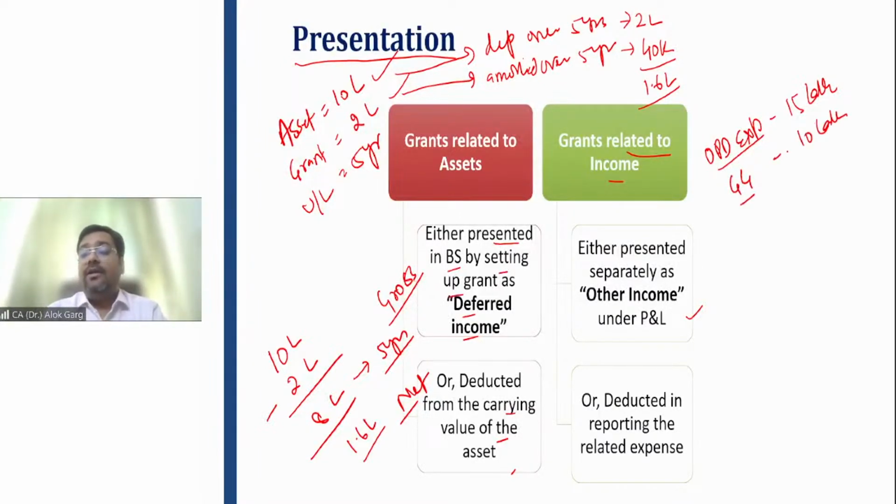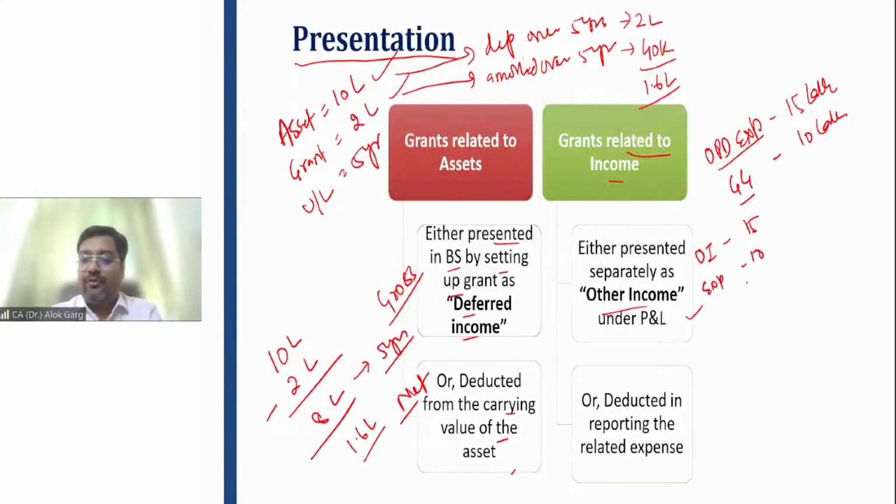So either the expenses have to be shown at 15 lakh rupees in the expense line item, and the income has to be shown as other income, 10 lakh rupees in the income line item. So either it has to be presented separately as other income, which is the gross approach. So income has to be shown, expense has to be shown.